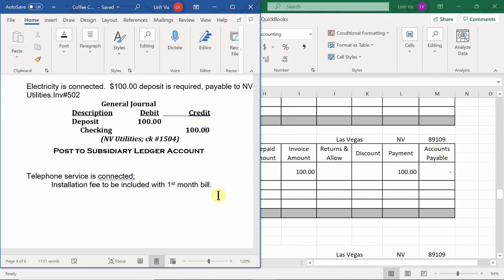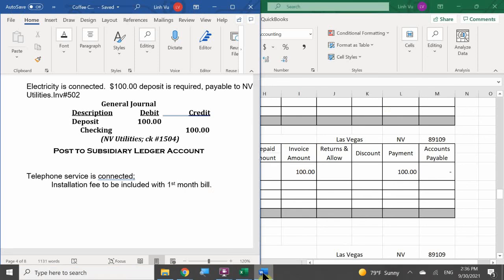Installation is to be included with the first month's bill. Did we receive our bill? Nope. So we don't even know how much we owe because, with telephone, it's going to be based on how much you used. Did we use anything? No, not yet, because we didn't open yet, so we didn't use the telephone line yet.